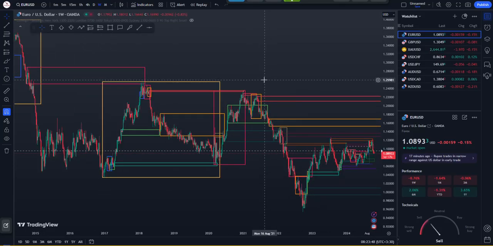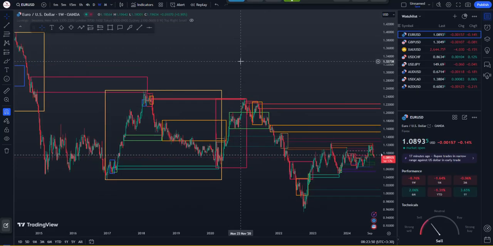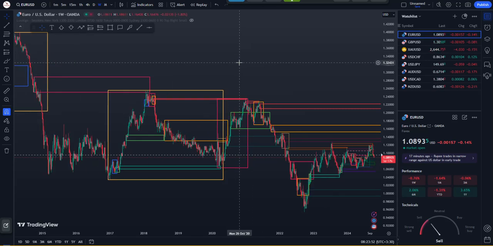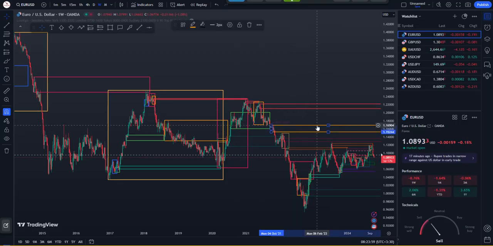So for now the best scenario for me is to consider this level as an area of interest for the target of this engulf.